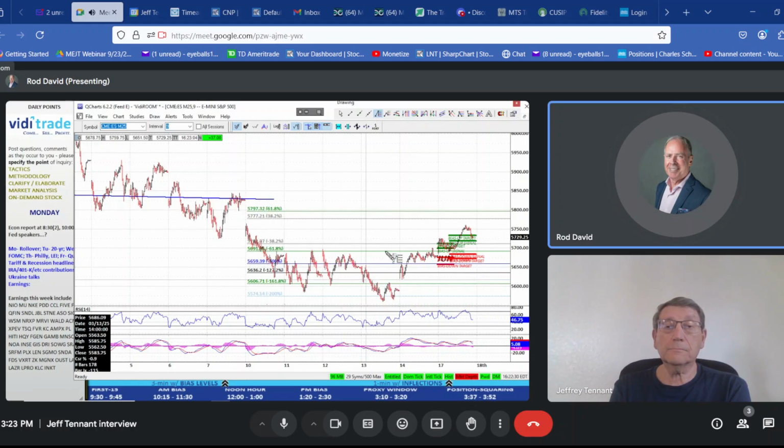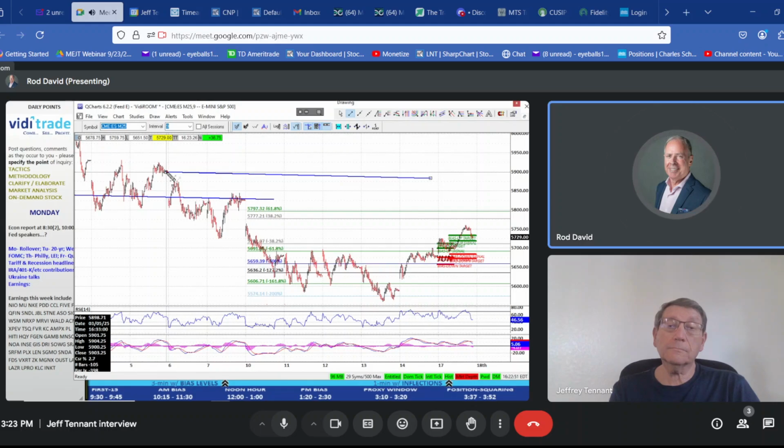And as long as this will have taken, I suppose, to recover, if it does, why not go ahead and fill that gap? And if we do fill that gap, another VidiTrade rule is gaps are filled in pairs. So if we're going to fill this gap, we're probably also going to fill this gap. That's 5,900. So there's room for a pretty big bounce if, in fact, this is a bounce, if it's not rejected tomorrow.